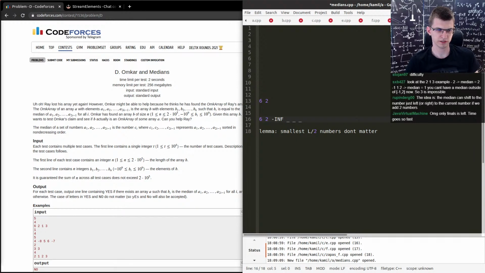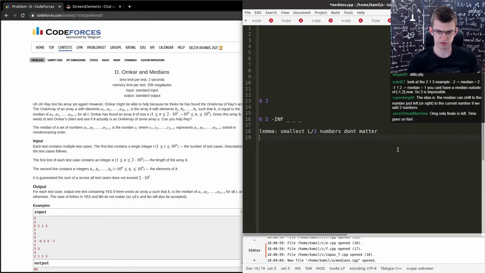Look at the 2 and 3 example. Yes, I already showed how 3 is impossible, so what? Median can shift just left or right.